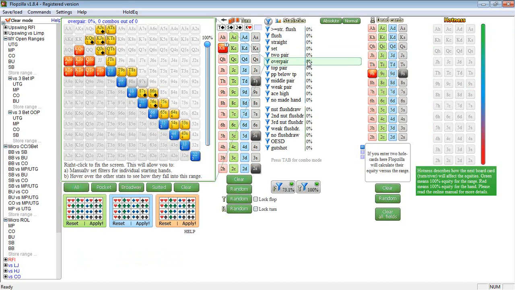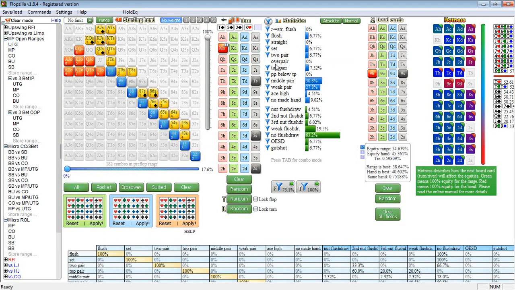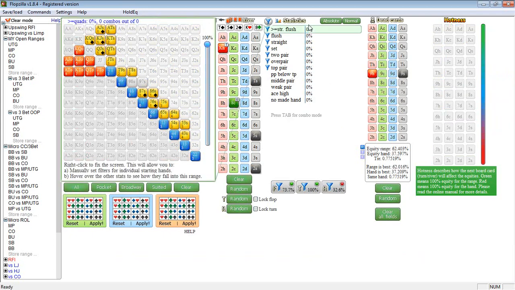Let's just for giggles say top pair too and just eliminate everything else. Whoops, I kind of screwed this up. Hang on. I didn't put it in the card. 8 of clubs. All right. Straight flush, flush, straight, set, 2 pair, over pair, top pair.